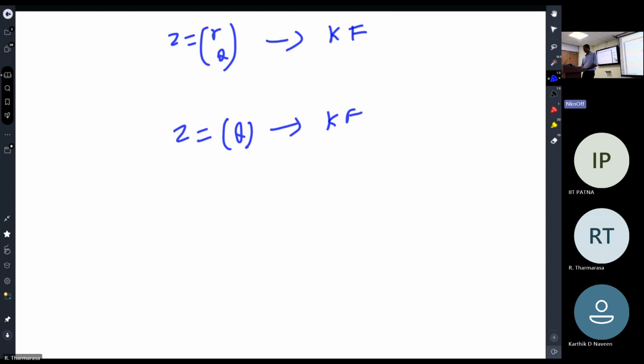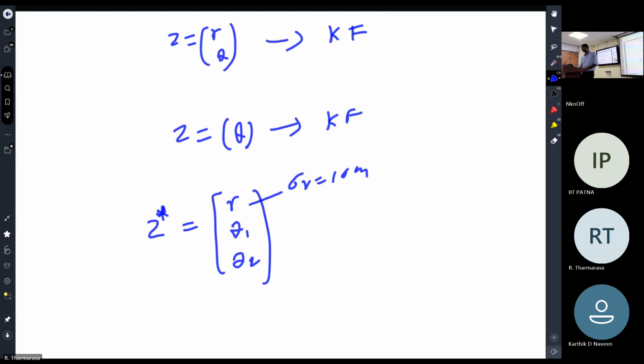Now in the parallel update, what we are going to do is create a pseudo sensor, assuming the measurement is r, theta 1 and theta 2. With this one, sigma r is 10 meters, this is sigma theta of 1 degree, and this is sigma theta of 0.5 degree.